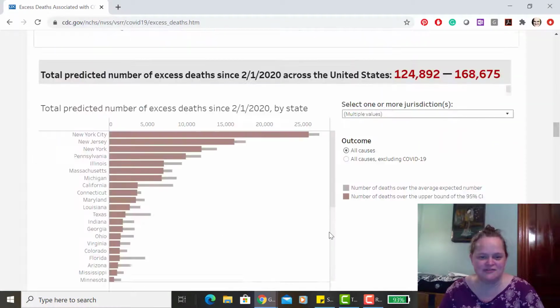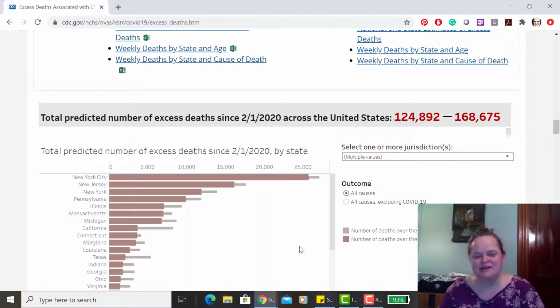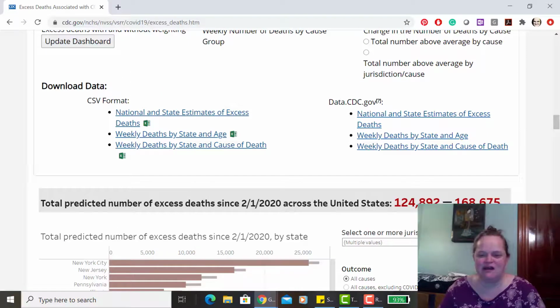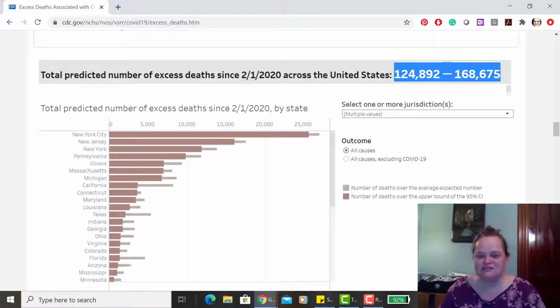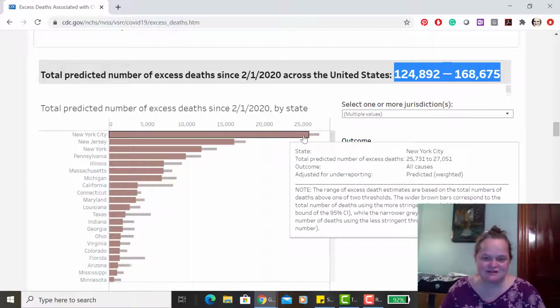Number of excess deaths. So this is the absolute number. It just helps to give you an idea of magnitude. This is not necessarily helpful. So here, and notice they give a range, and that is because it's against predicted, so you see this 95% CI, that's confidence interval. So that's here.